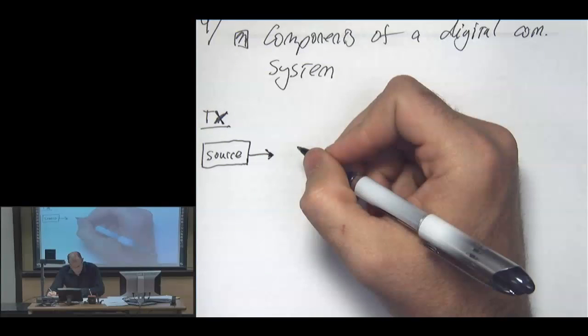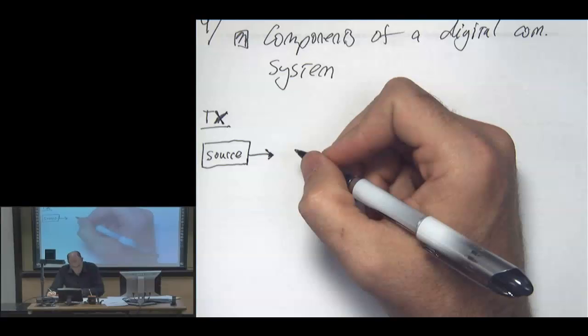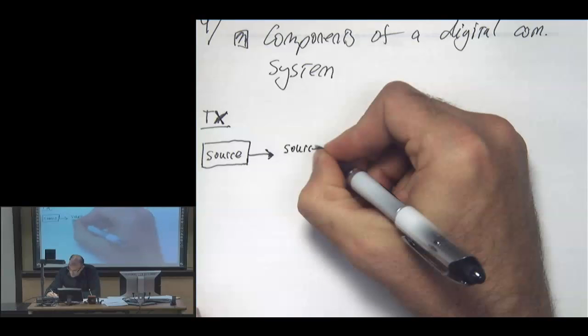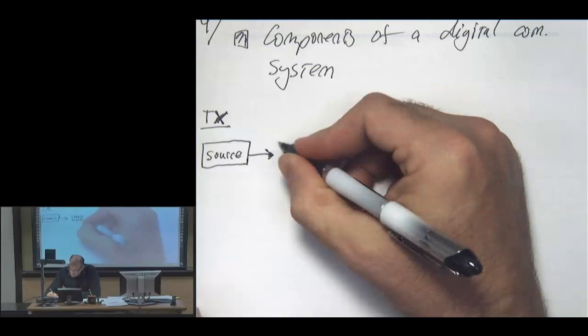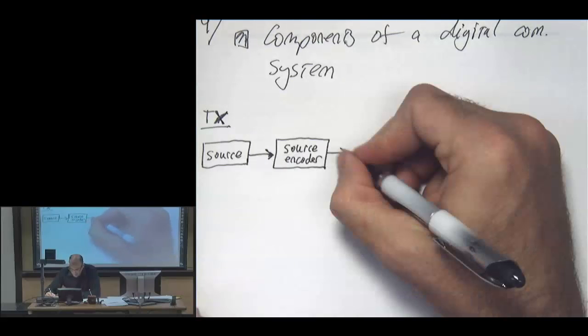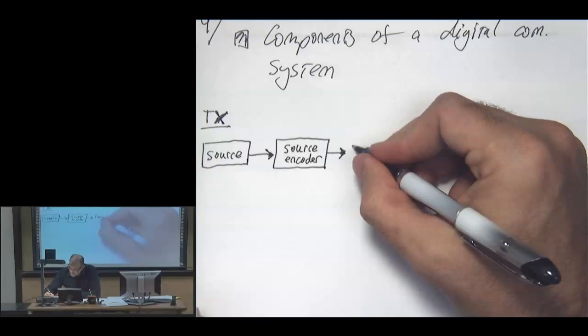I'm trying to follow the format that I'm using in the notes here. So you then have a source encoder. This is performing compression on the source. And then, this could happen here or elsewhere, but you possibly have some sort of encryption.